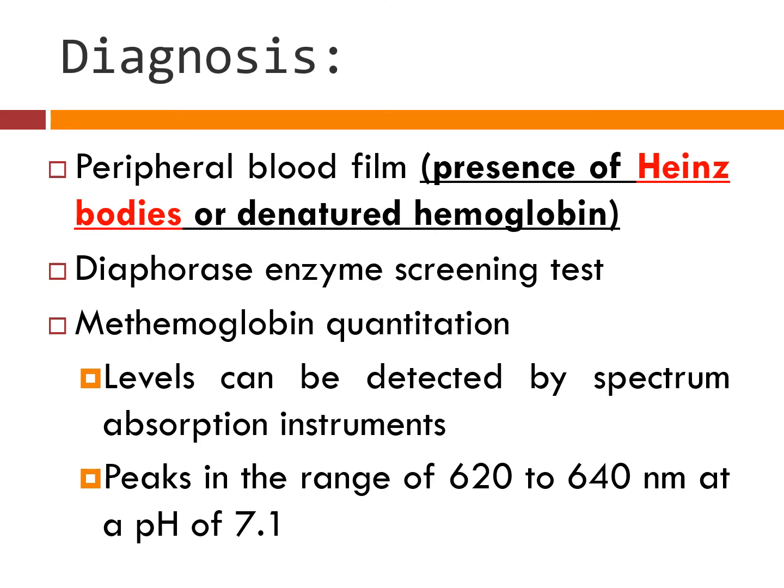This methemoglobin variation of hemoglobin can peak in the range of 620 to 640 nanometers at a pH of 7.1. So that's how they can identify and quantitate methemoglobin through spectral absorption instruments.